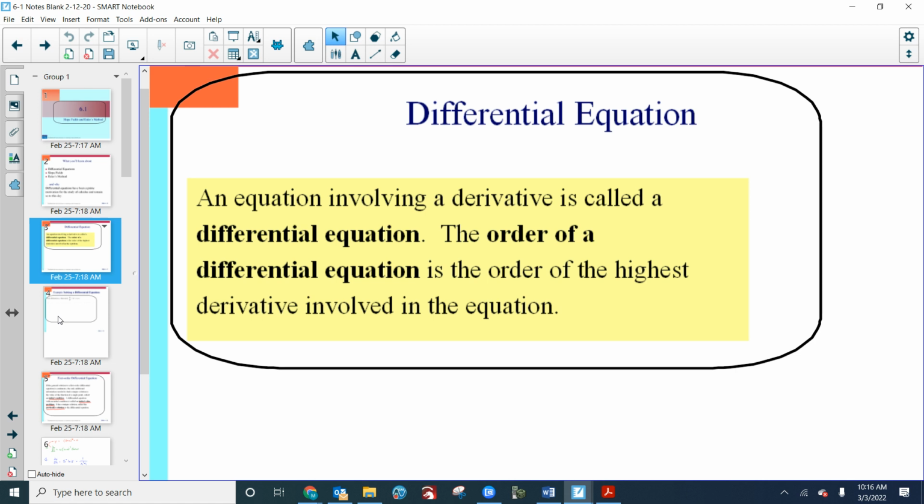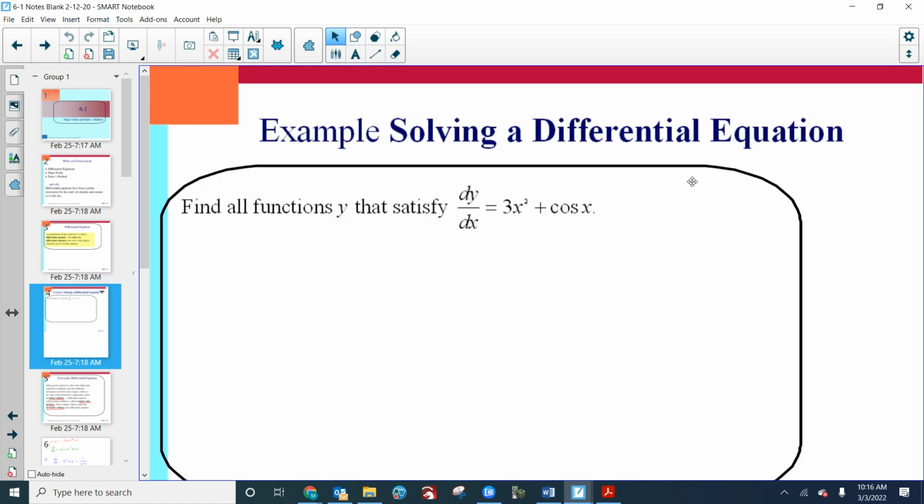Ready? We got baby steps today. Now, the directions are mainly the only really challenging thing about this problem. Find all functions y that satisfy dy dx equals 3x squared plus cosine x. I'm not going to give you any more information than that. Ready, set, go.